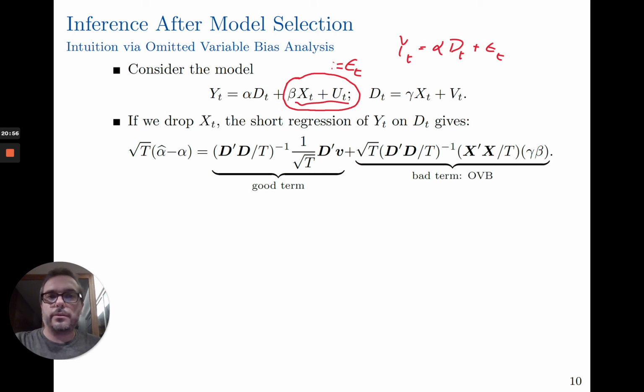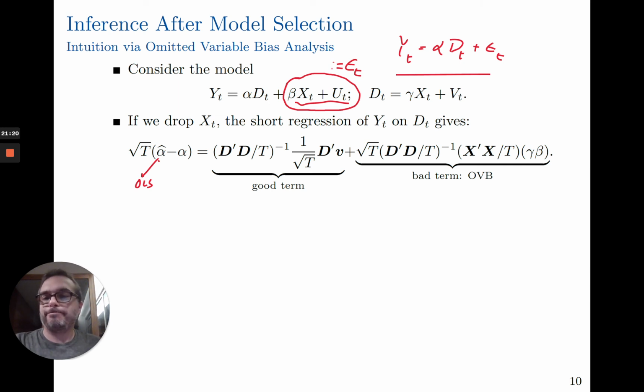And we want an estimate of alpha, the true alpha. Okay? What we know from basic econometrics, okay, is the bias of alpha hat, that's the OLS estimator on the short regression.